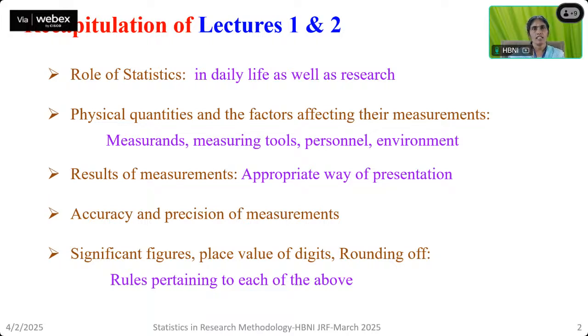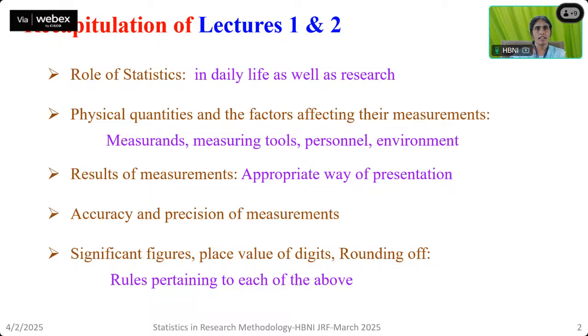Then we had discussed in detail regarding the various physical quantities, the ways of measuring the different parameters which affect the measurements, and how we can represent effectively the results of measurement. Later on, we had gone to the accuracy, precision measurements. We had done a few exercises to get clarity regarding these two concepts.